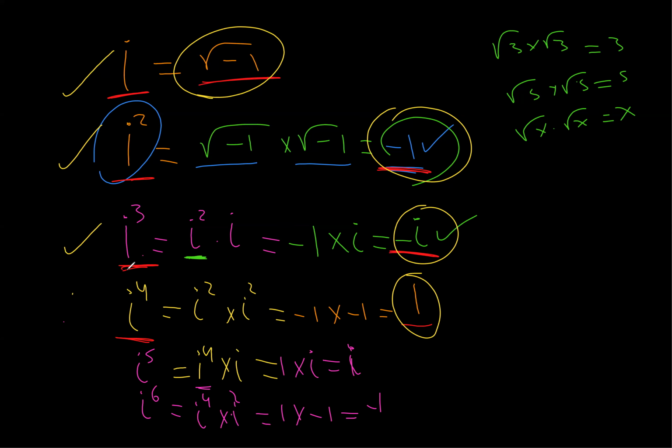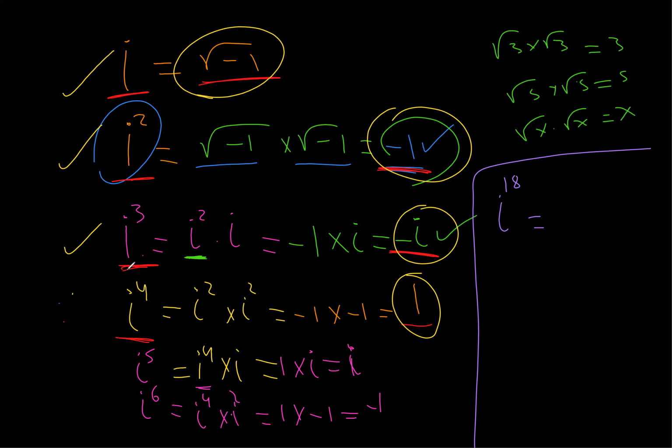Now what I need you to focus on is the following. Whenever you have i to the power 18, or i to the power 100, or i to the power 300, you subtract from its power the closest number that is divisible by 4.